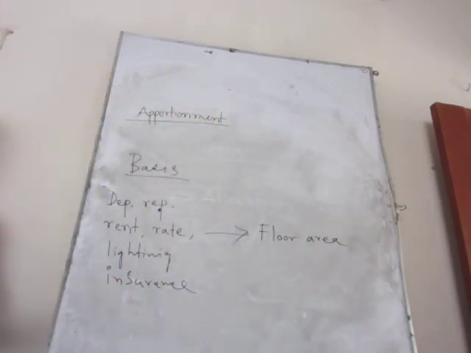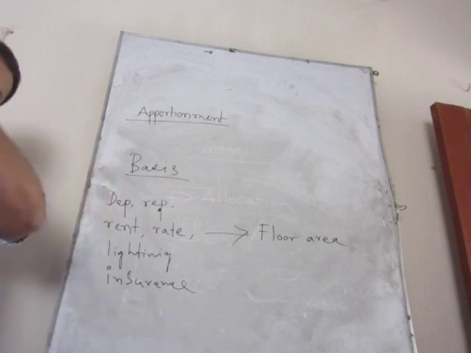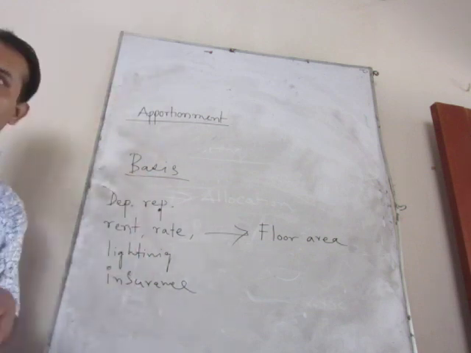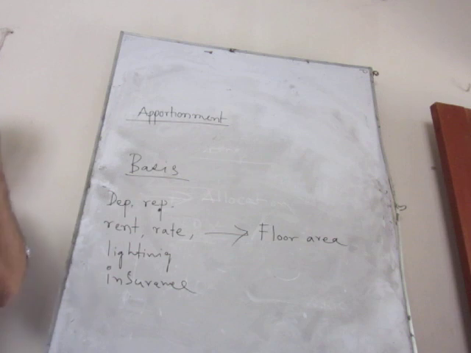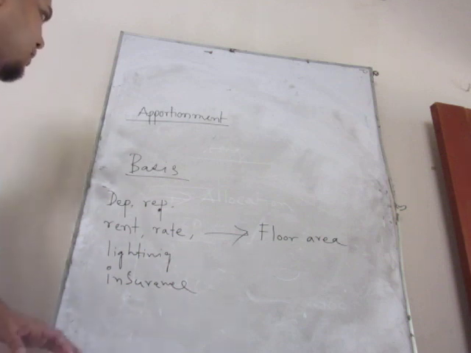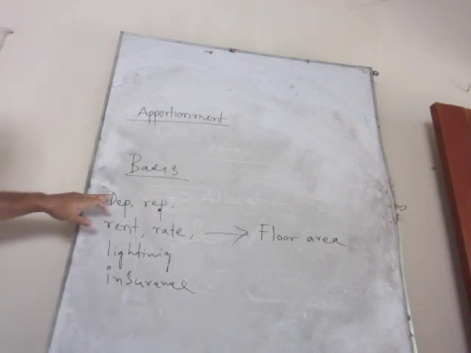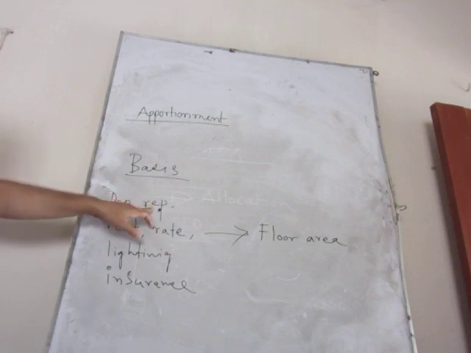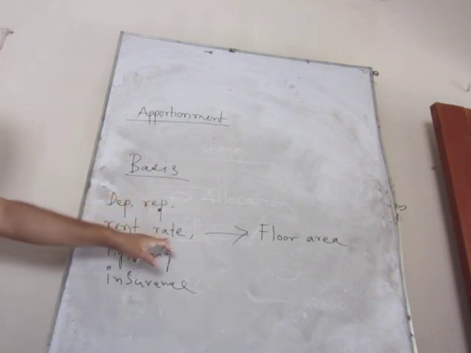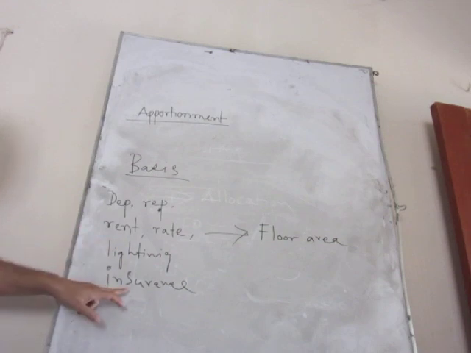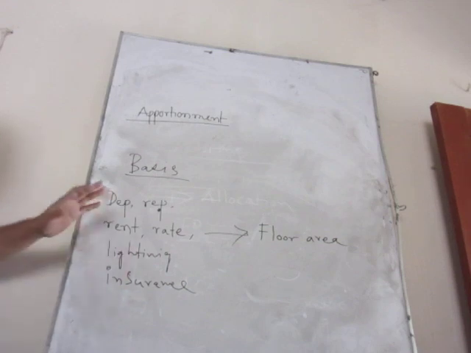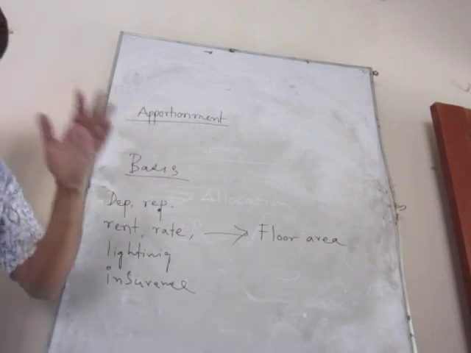For building, floor area means length into breadth. So it will provide you square feet, square yard, square inches, just like that, 20 square feet, or you can say square meter. So depreciation, repair and maintenance, rent, rate, lighting and insurance. Insurance for building.